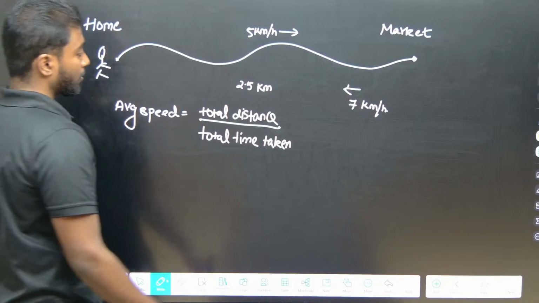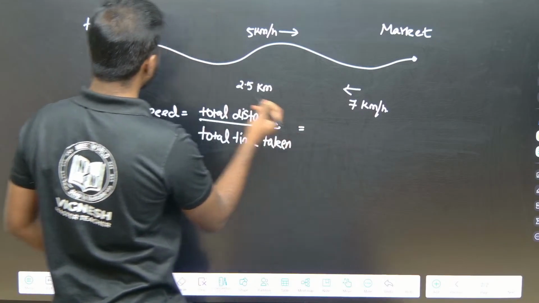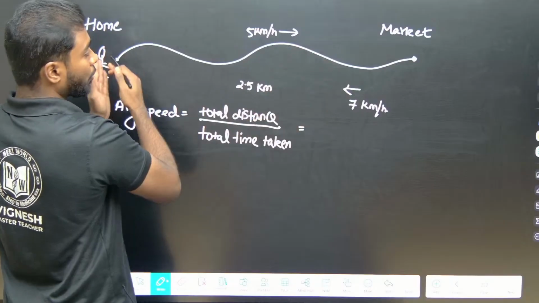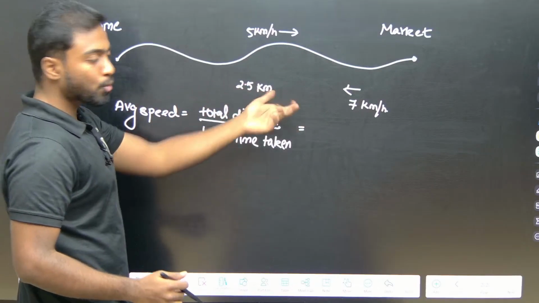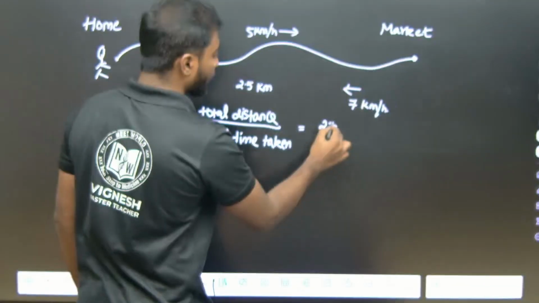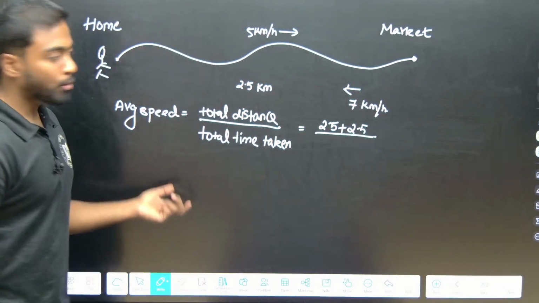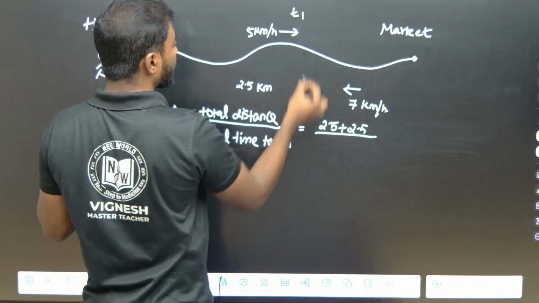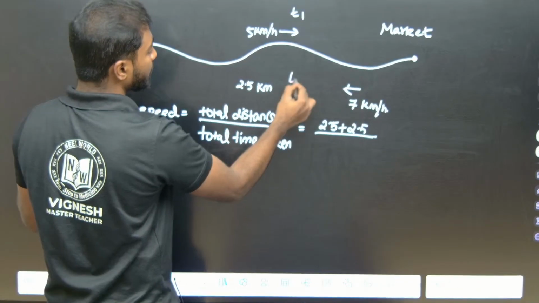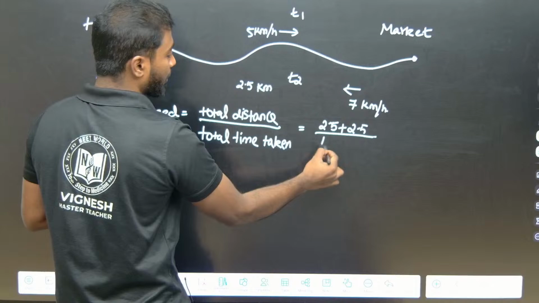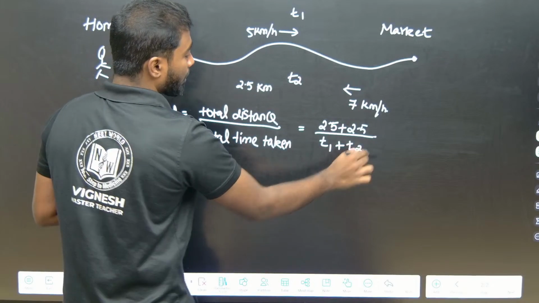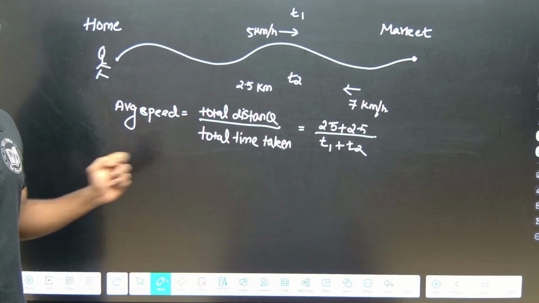Total distance is home to market, market to home, 2.5 kilometer plus 2.5 kilometer, divided by total time, which I don't know. So he might have taken T1 for home to market, T2 for market to home. Let me take T1 plus T2.